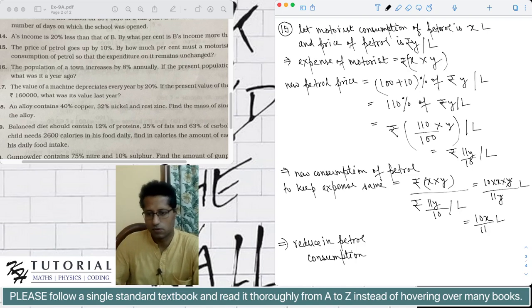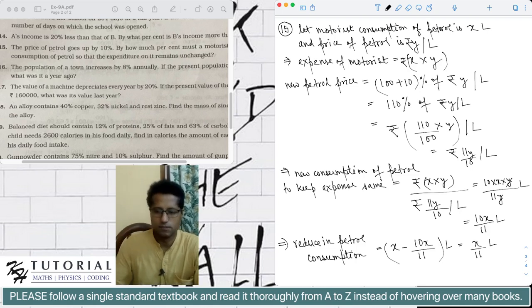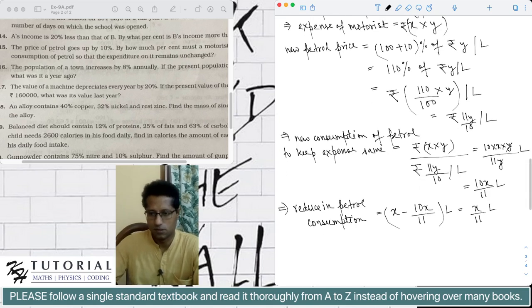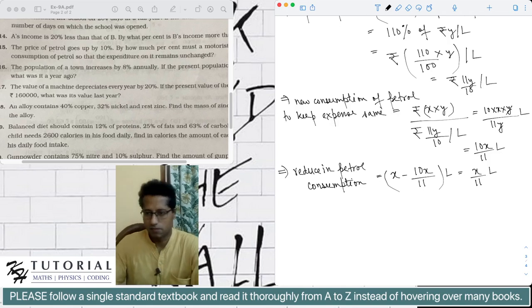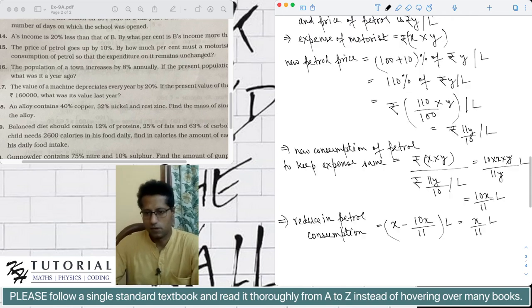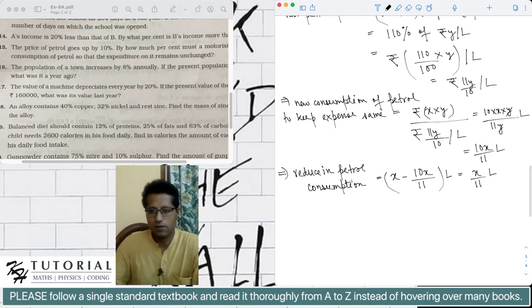So the reduce in petrol consumption is equal to x minus 10x by 11 liter, which is equal to x by 11 liter. Now we have to compute what percentage is x by 11 liter of the initial consumption, that is x liter.